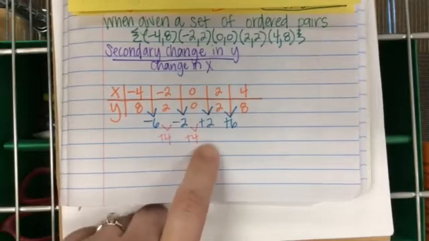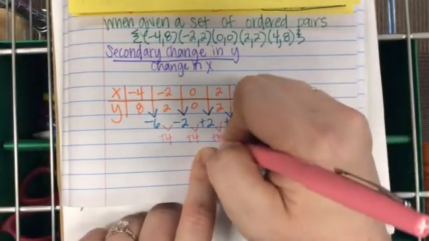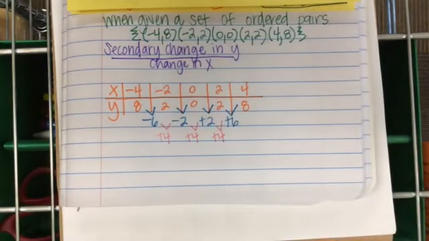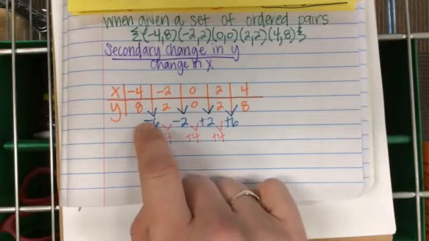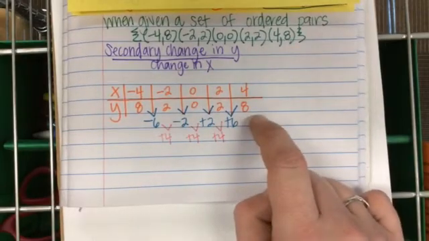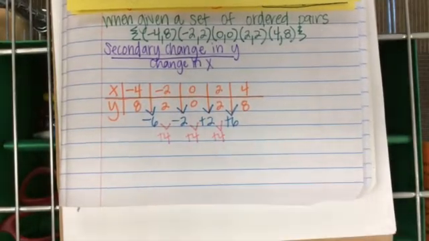And from 2 to 6: +4. Is the secondary change constant? Yes. The primary change is not. If it was linear, the first set of changes would be constant. It's not linear. It's quadratic because the secondary change is constant.